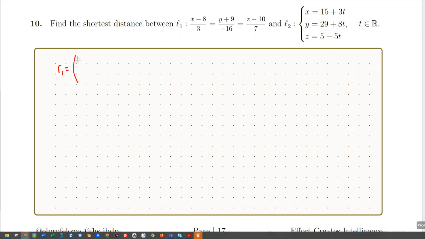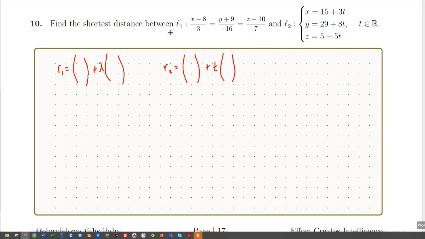So for line one, we're going to have some point and some directional vector. And for line two, we already have it in parametric form, so it'll be a little bit easier to determine our point and our vector.